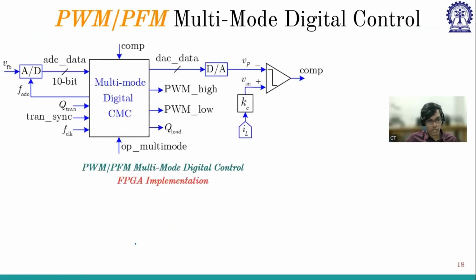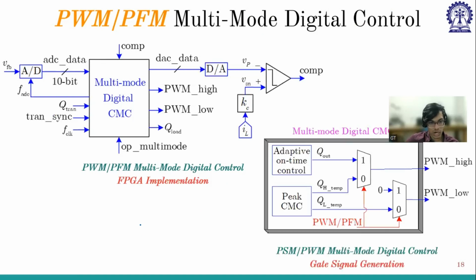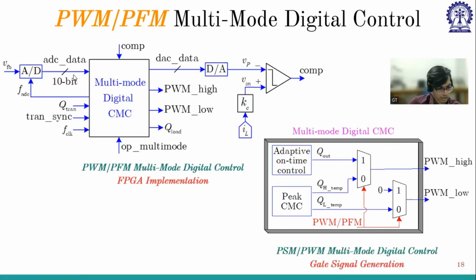Then if you go into the multimode digital control, it is the same thing that we had discussed in multimode voltage mode control, the PWM PSM. It has a single block, and again it has an output or option for multimode, whether it is PWM or PFM.